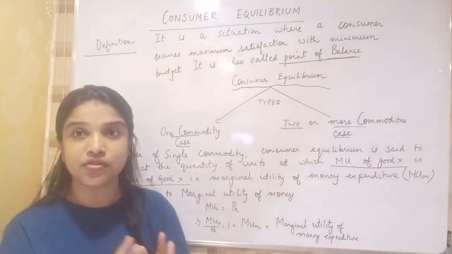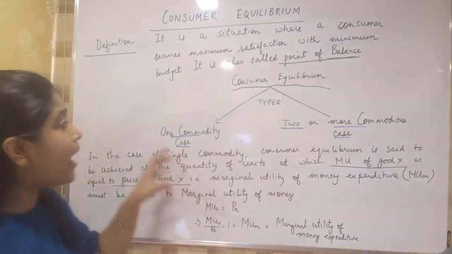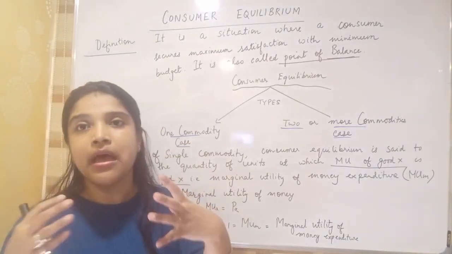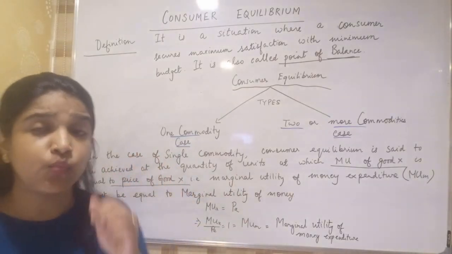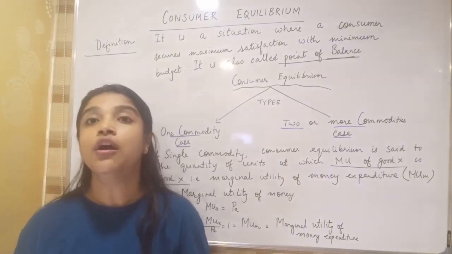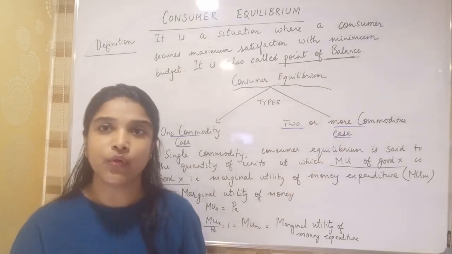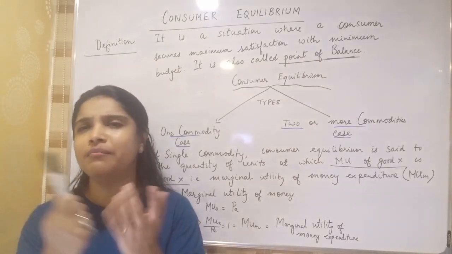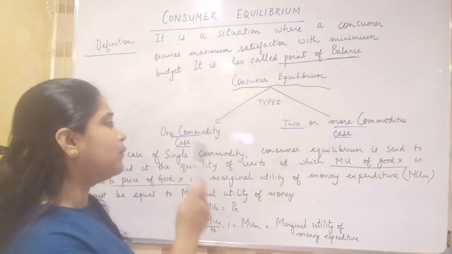So there are two types of consumer's equilibrium. Today's explanation in this video is the one commodity case. What happens when the consumer goes to purchase only one product from the market? Let's say a pen, or maybe some ice cream. The consumer goes to purchase only one product.